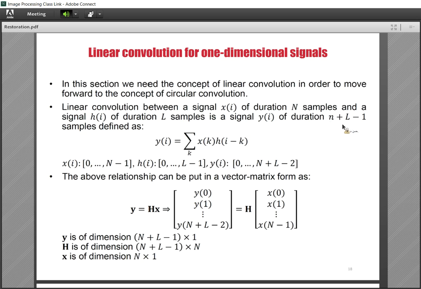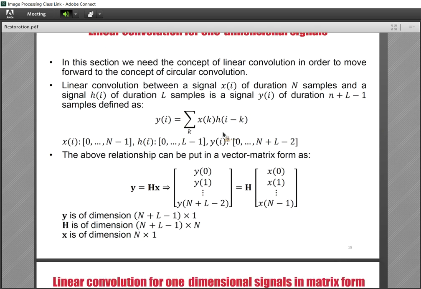That is n minus 1 plus L minus 1 plus 1, which is n plus L minus 1. This is the formula.